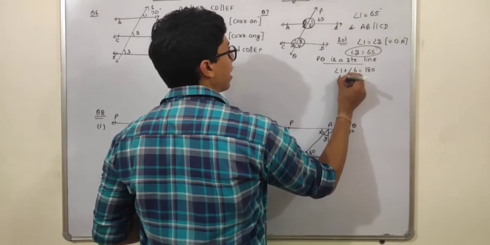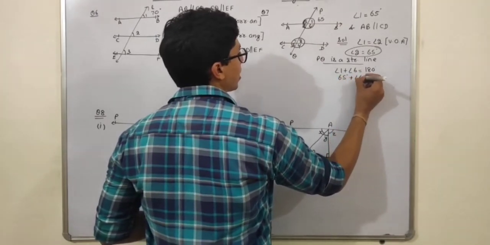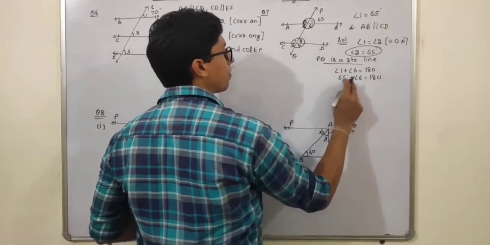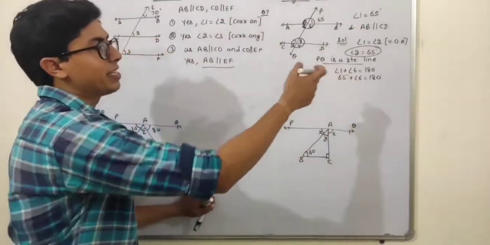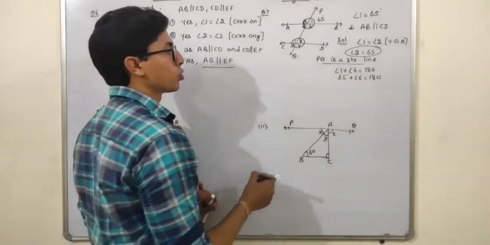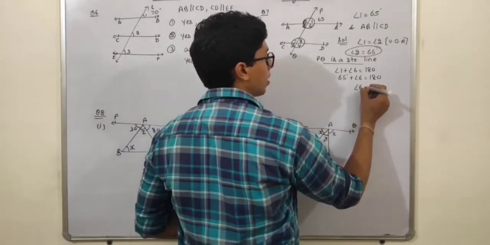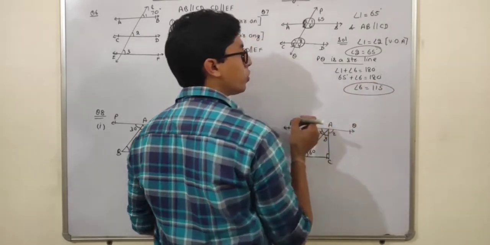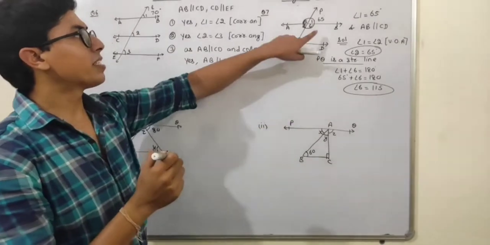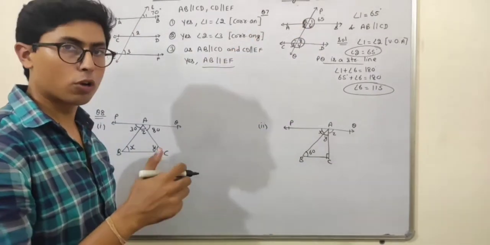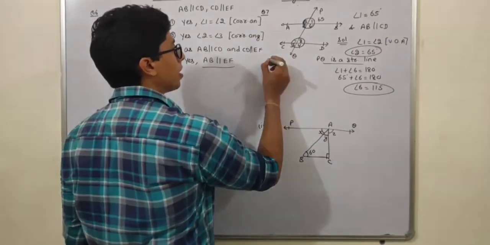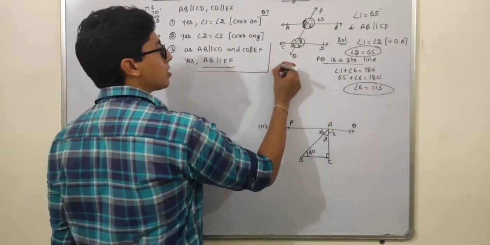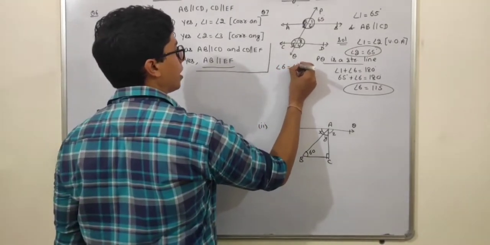Angle 1 is 65 degrees, therefore angle 6 will be 180 minus 65, so angle 6 will be 115 degrees. Now students, angle 6 is equal to angle 5 because of vertically opposite angles.